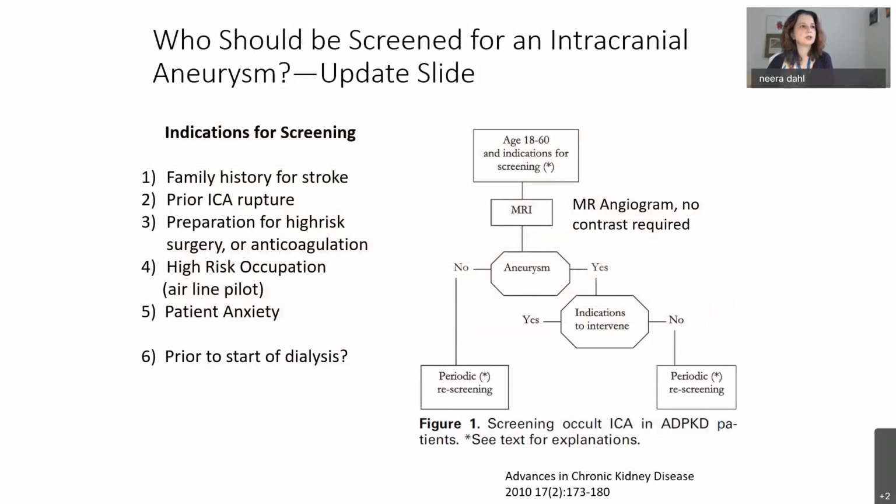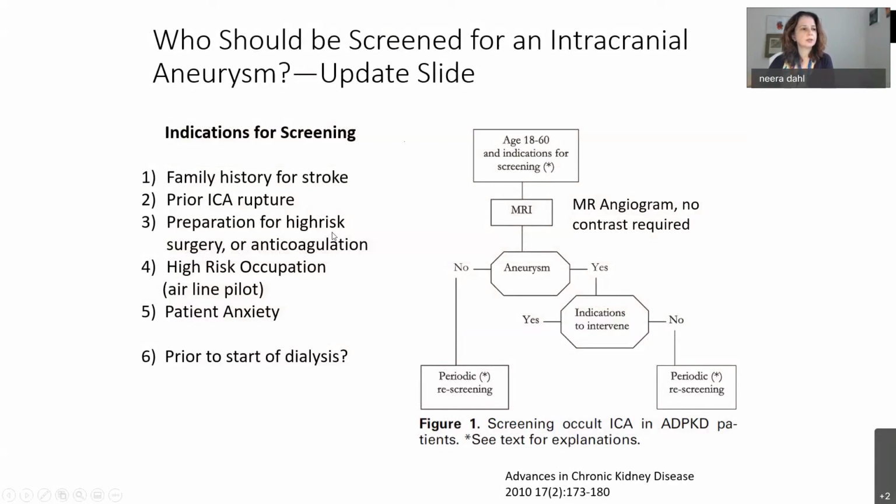So who should get screened? The people clearly with a family history of stroke or a family history of intracranial aneurysm should get screened. If there's a history of a prior intracranial rupture, they should get screened.